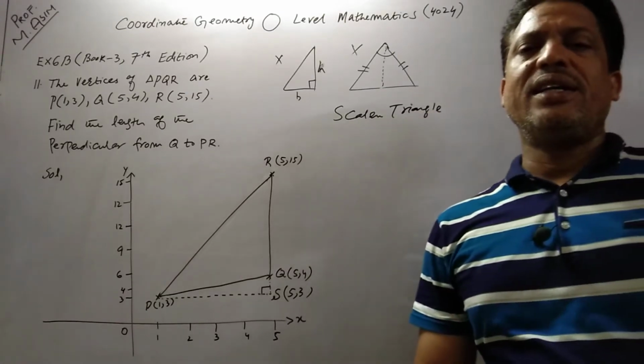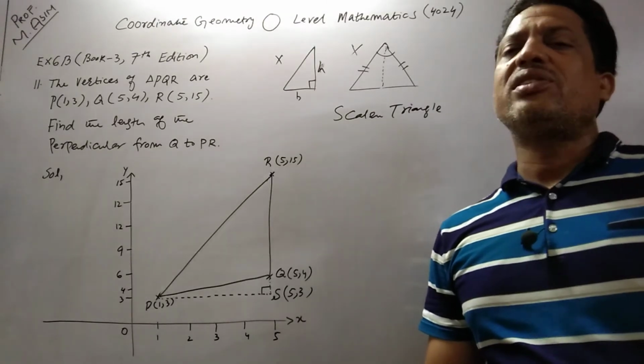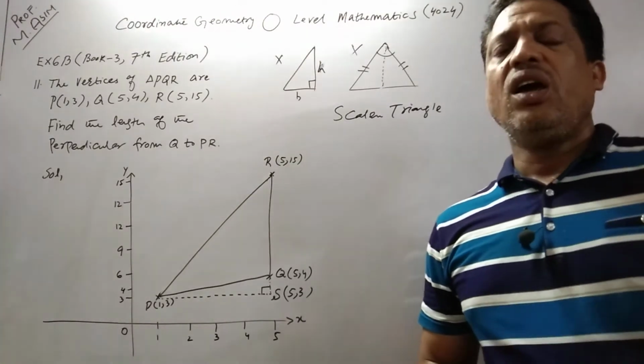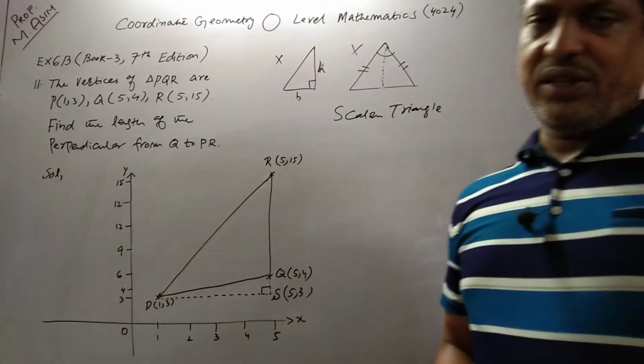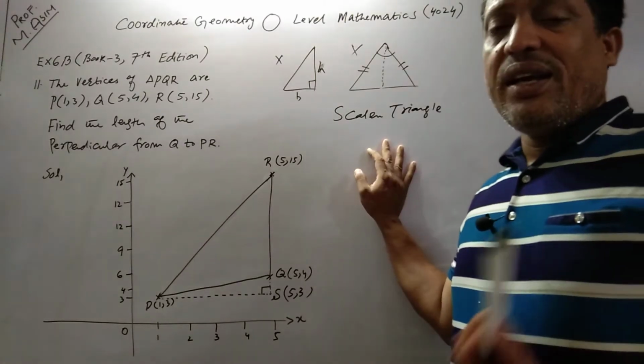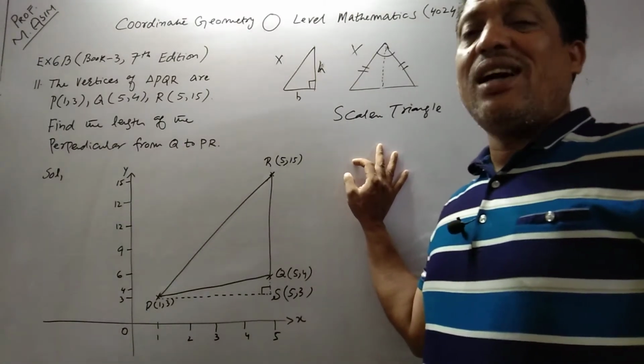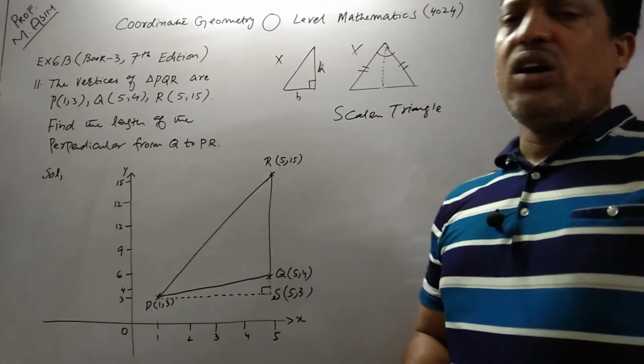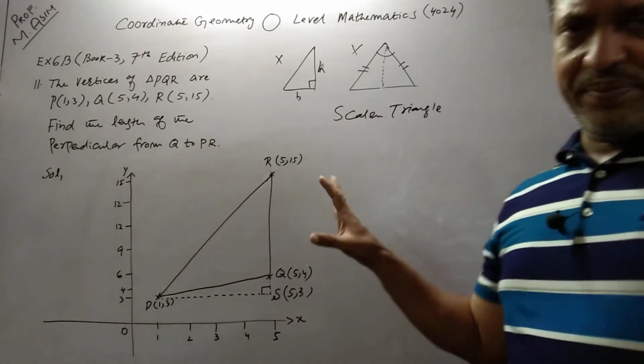A scalene triangle is a triangle in which all three sides are different, or not the same.